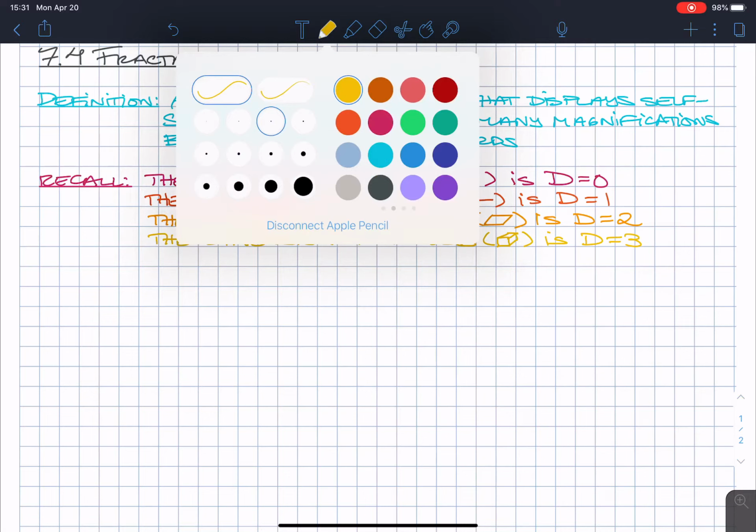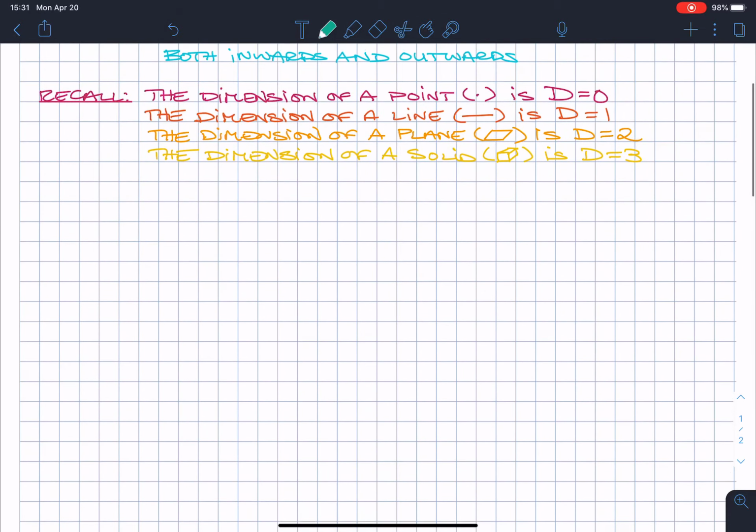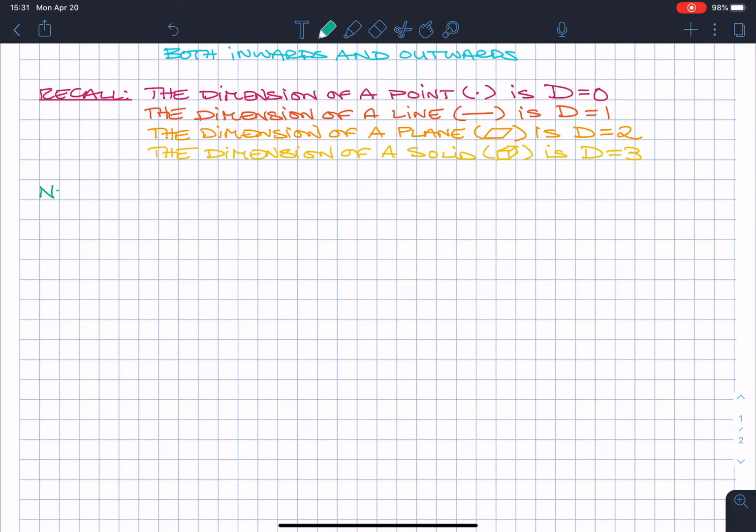And let's note, fractals are generated using iterations.